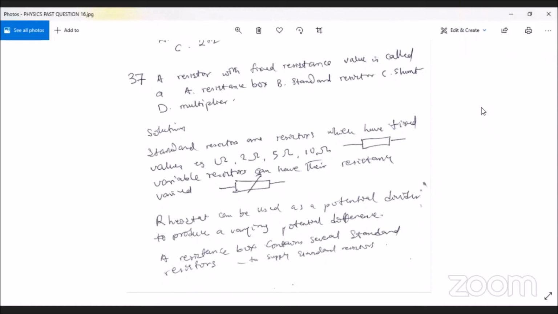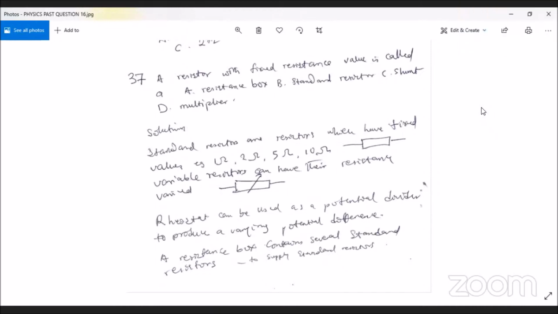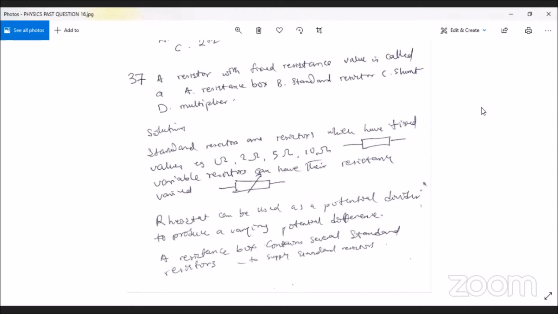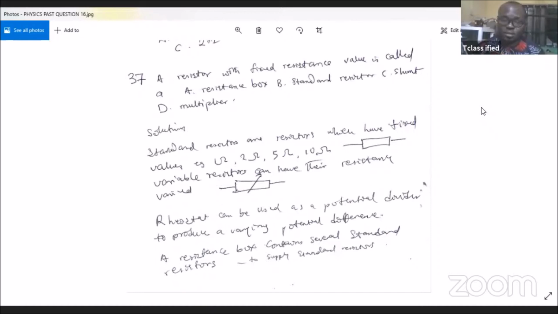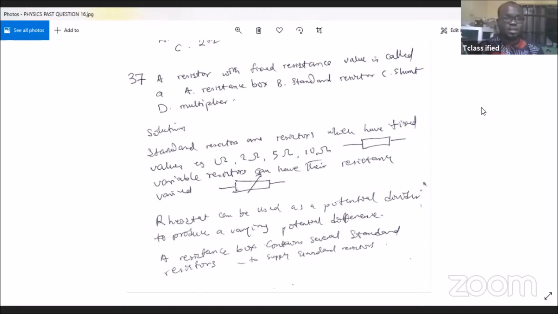So let me finish writing. I'm jotting this down. You said the diagram that you put for variable resistor, is that not the one for rheostat? The diagram for variable resistor, is it for rheostat? Yeah.